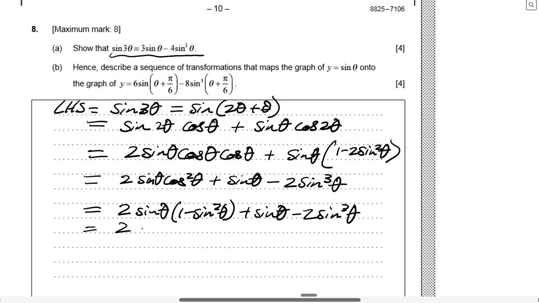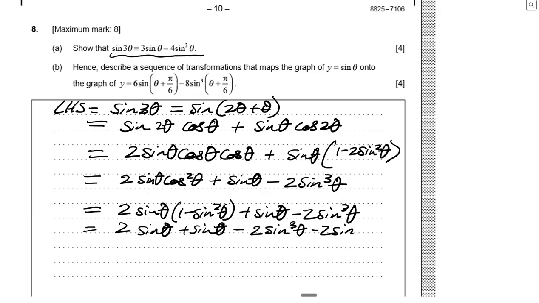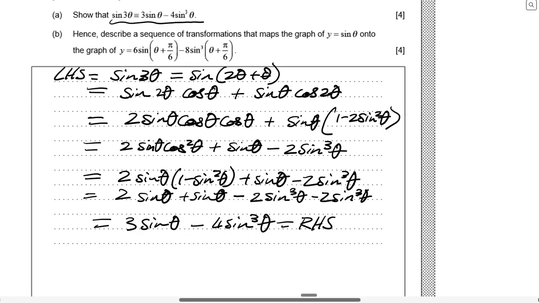And so what we get is 2 sine theta from here plus sine theta minus 2 sine cubed theta minus 2 sine cubed. And that is how we get our right hand side. Sorry, 3 sine theta minus 4 sine cubed theta, which is equal to our right hand side.